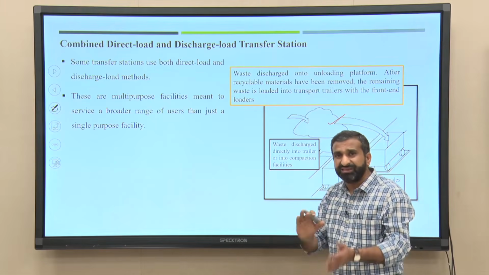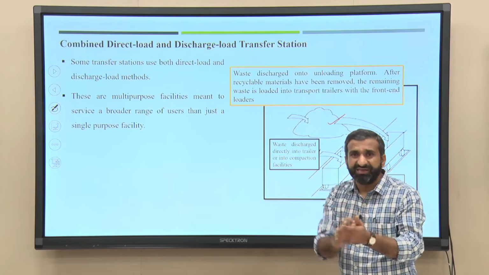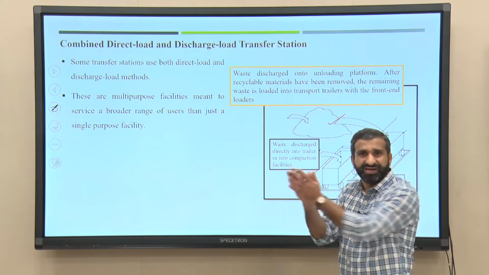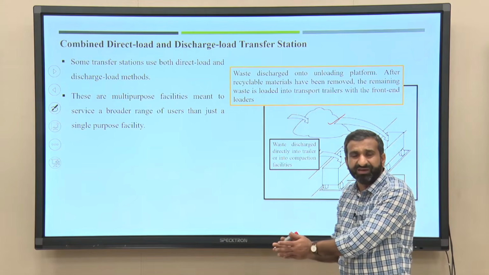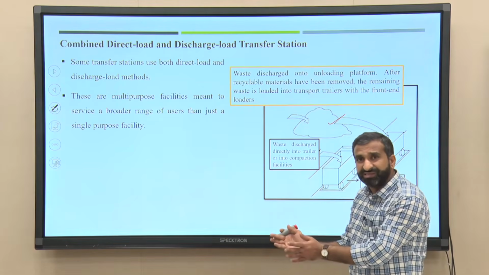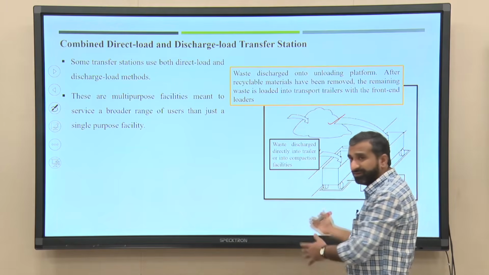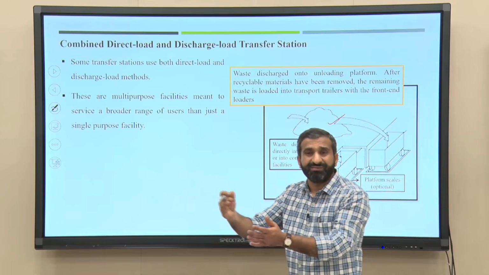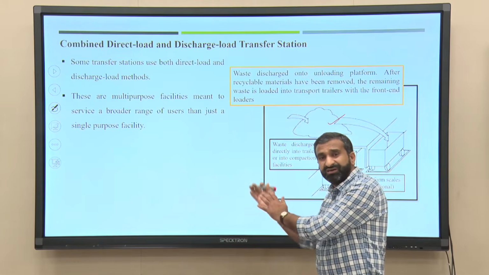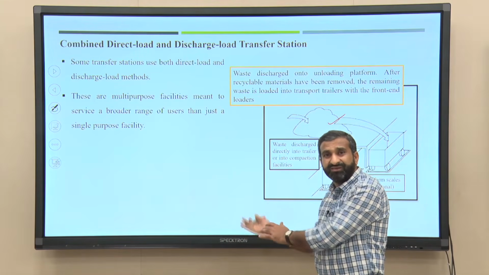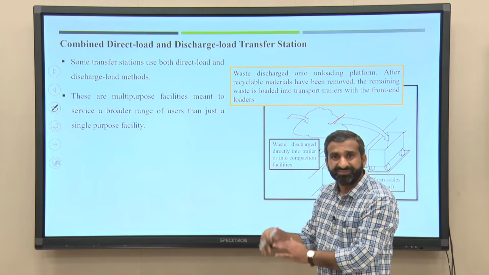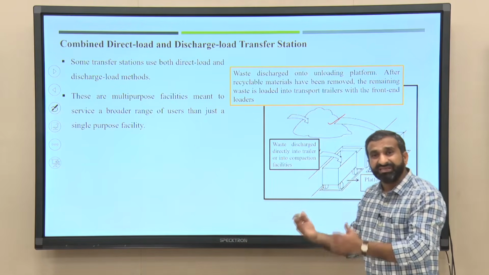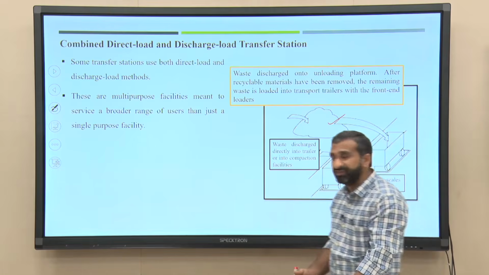So, we can plan in such a way that the wet waste will directly get loaded into the larger vehicle without a compaction facility, and the dry waste, after segregation of recyclable matter, will go to the larger container with a compaction facility. Because of that, we can increase our collection efficiency.